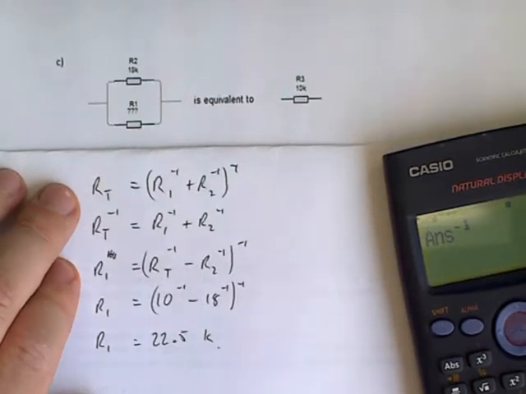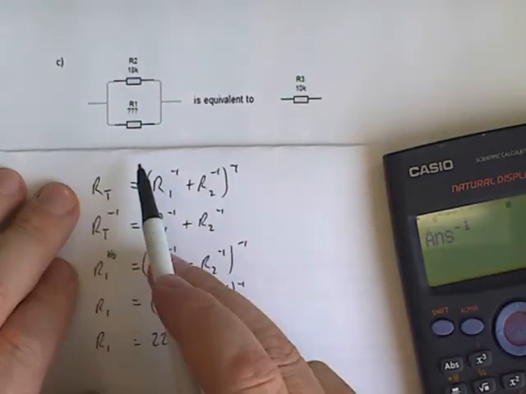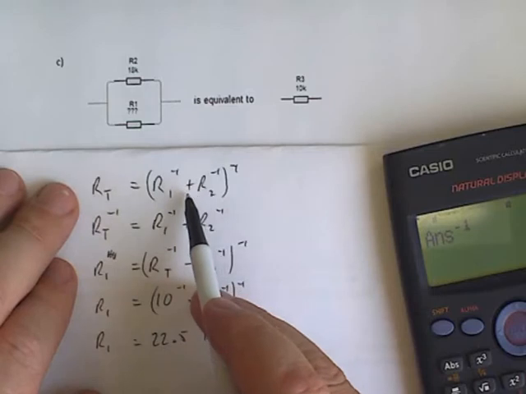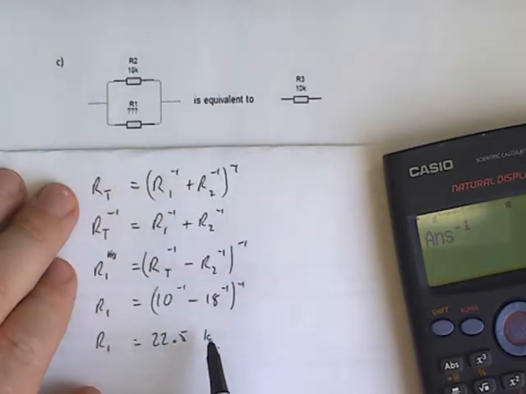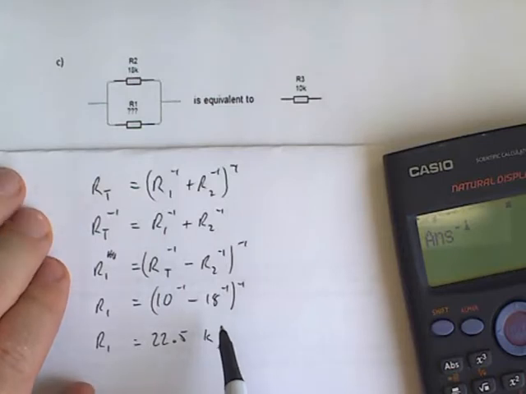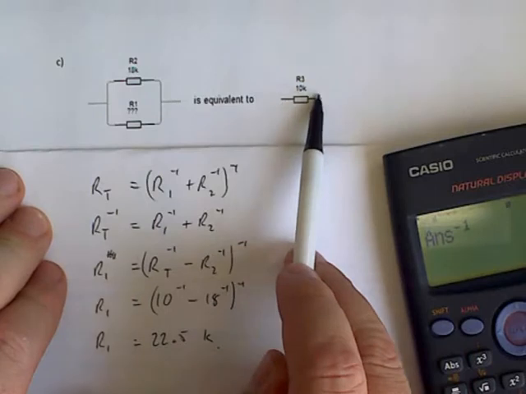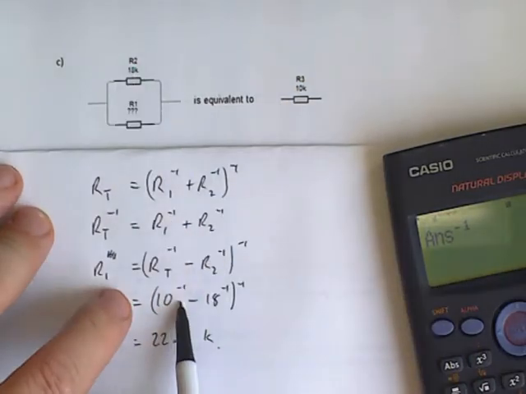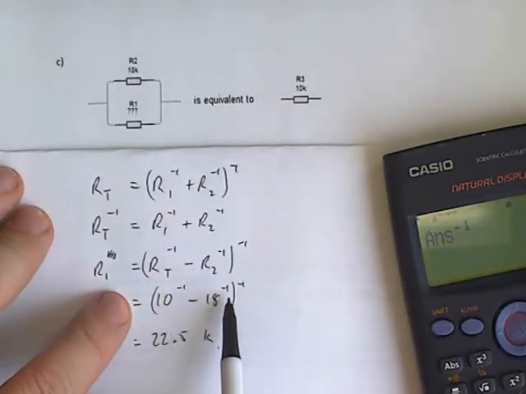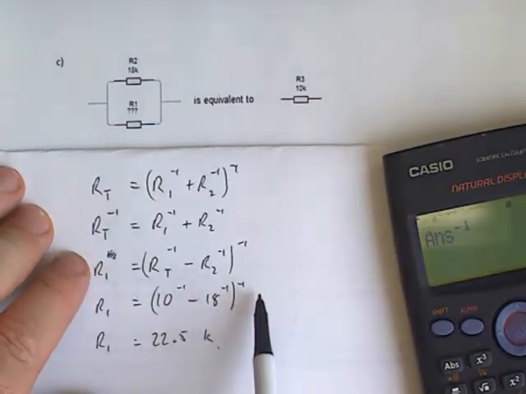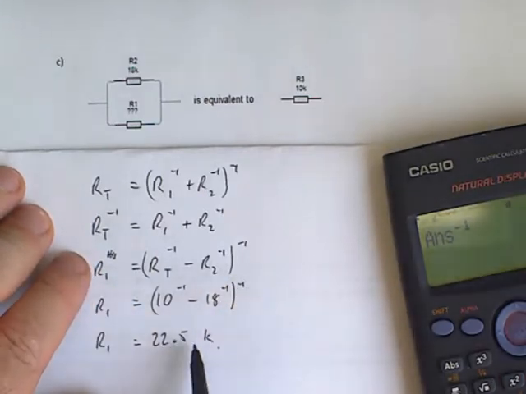And it's important to remember that if you work in K, you need to have all of your values in K. Otherwise you need to convert to one or the other. So I could work in thousands of ohms here, so I can go 10,000 reciprocal minus 18,000 reciprocal, take reciprocal of that, and I'll get 22,500 as my result.